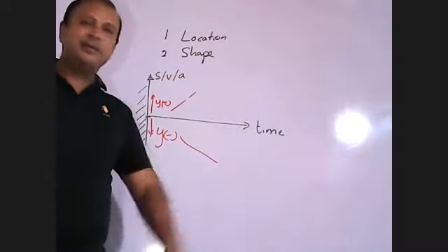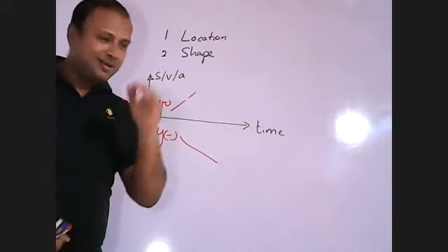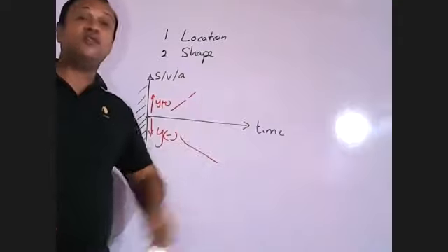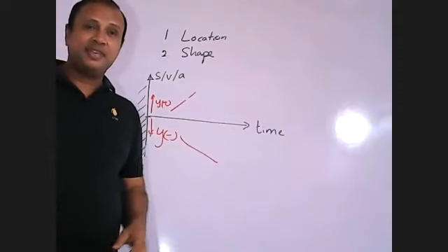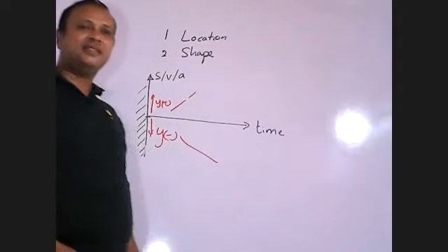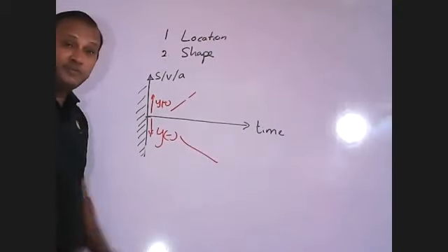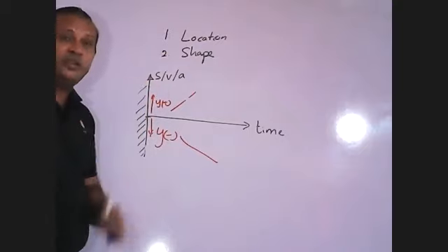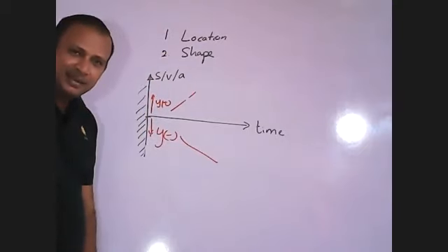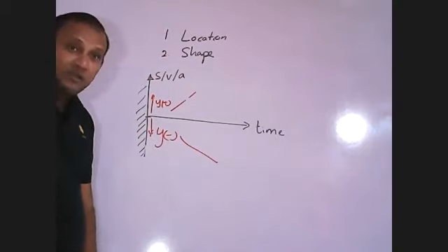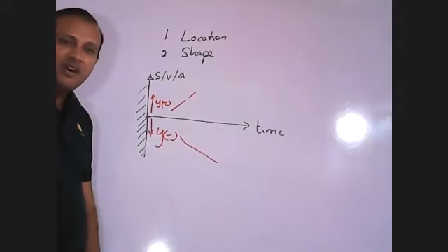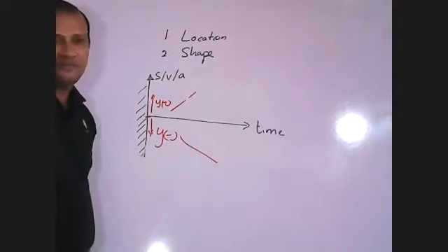Therefore, the direction of velocity is the factor that decides the location of the velocity time graph.